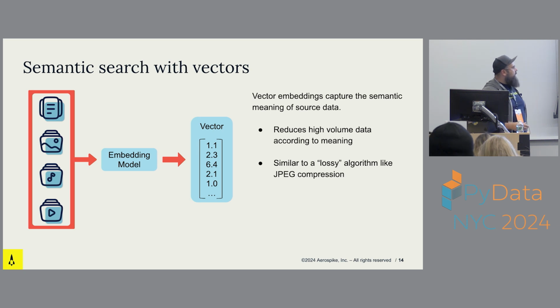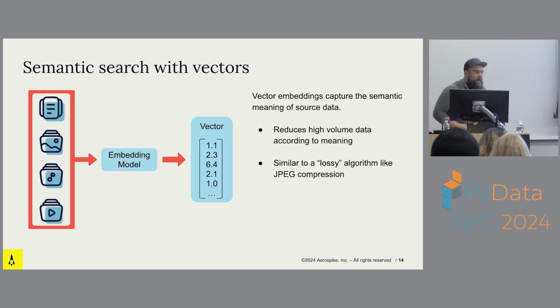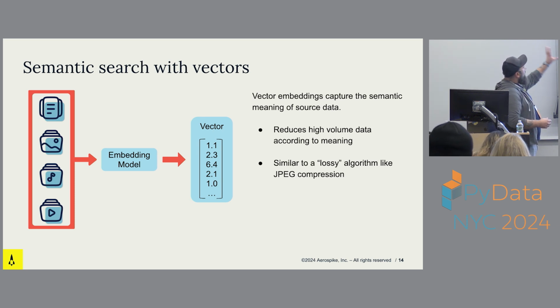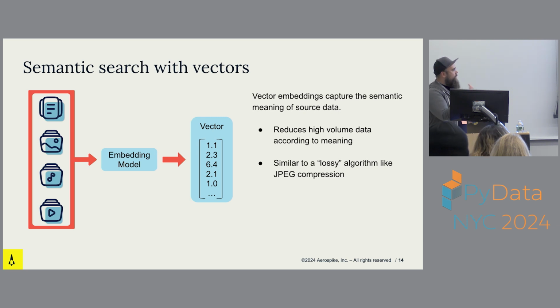Some of them are specific to an LLM, some might be a CNN if I'm doing an image recognition thing, but what they're doing is generating a vector, a list of floating point numbers, right? We are going to take these vectors and store them in a database, and then we're going to query them. We'll see a little bit later how we're going to do that. But the main function here is we take some data, put it into an embedding model, and get this list of floating point numbers, right?